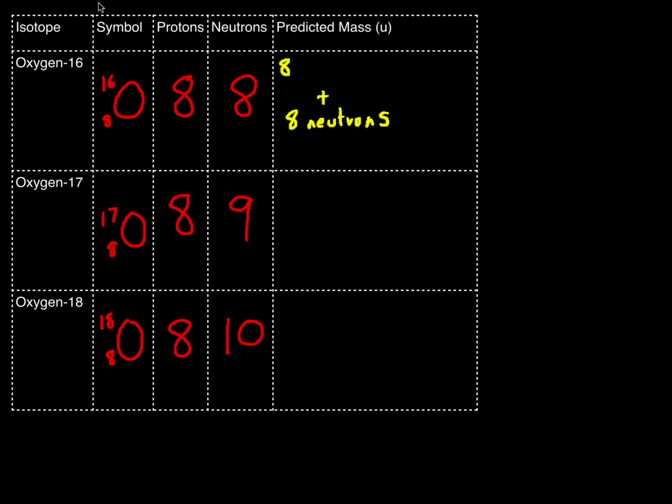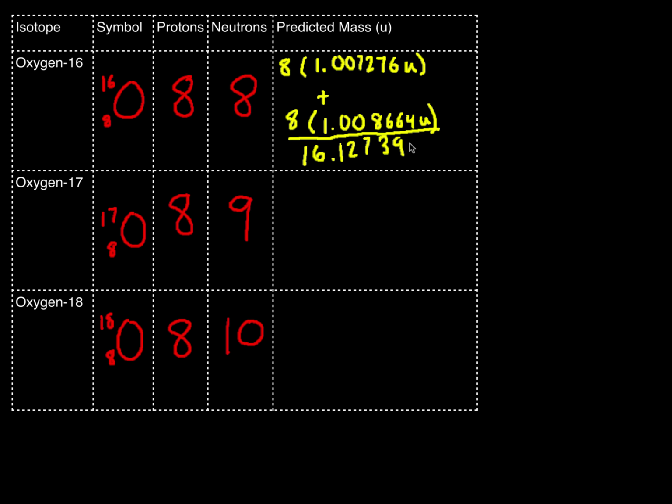This is 8 times the mass of a proton, which is 1.007276 atomic mass units, plus 8 times the mass of a neutron, which is 1.008664 atomic mass units. This gives us a predicted mass equal to 16.127392 atomic mass units.